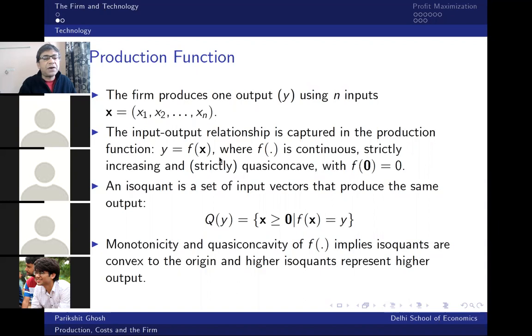As I said earlier at some point, the production function has to be thought of as a cardinal function. For the utility function, in the modern ordinal approach, we saw that we can take, for example, a log transformation or any increasing monotone transformation of the utility function. It continues to be a valid utility function, capturing the same preferences. That is not true in the theory of the firm, right?